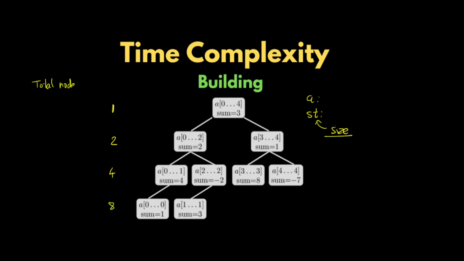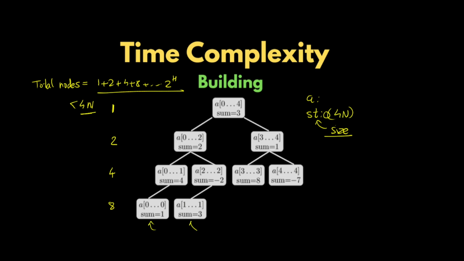So the total nodes will be the sum of 1 plus 2 plus 4 plus 8, and so on, until we have the maximum height in the segment tree, and this is bounded by 4n, where n is the size of the array. Hence the segment tree array will have a size of 4n at most.